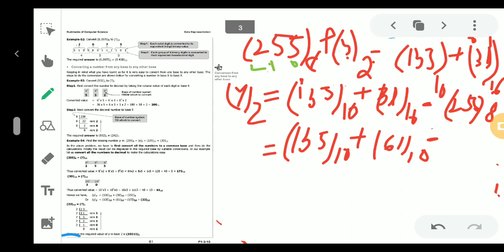Minus 255 base 8, whose equivalent value is 173. All are base 10, so now we can do the addition and subtraction.